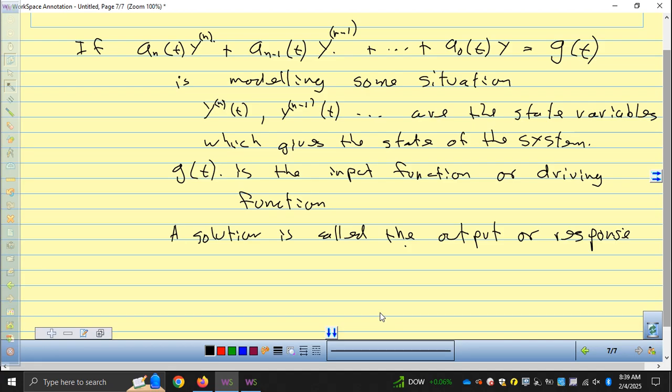The coefficient functions and our driving function uniquely determine the solution. So if you see this terminology, the state, driving function, response, etc., then you'll have an idea of what we're talking about. And we'll talk at the end of the chapter about a couple of specific kinds of driving functions for a certain physical situation, the weight on a spring, and talk about the response given various situations.